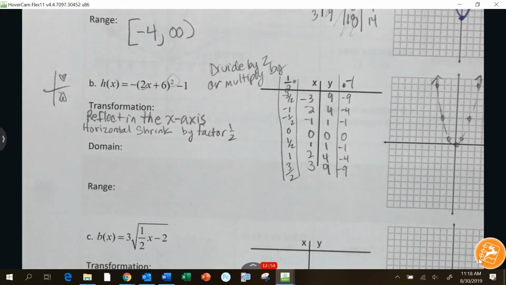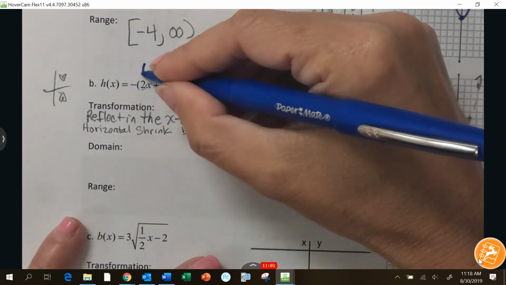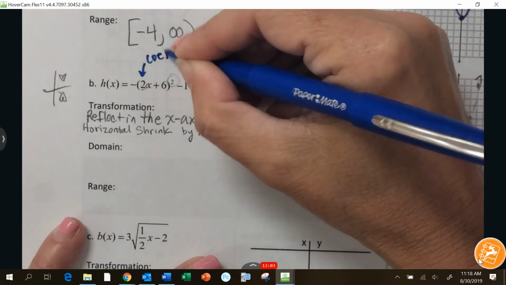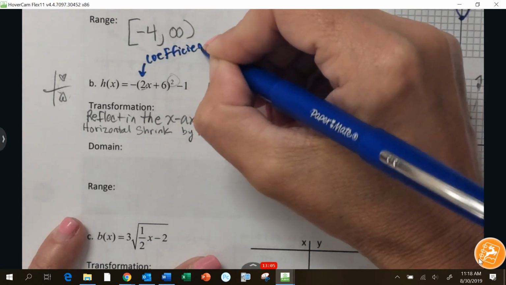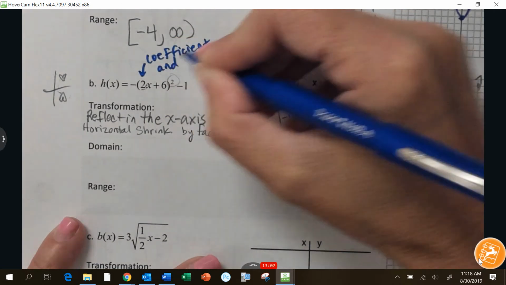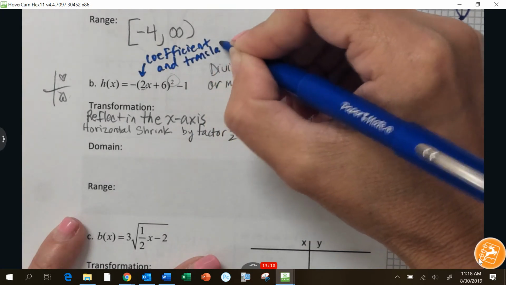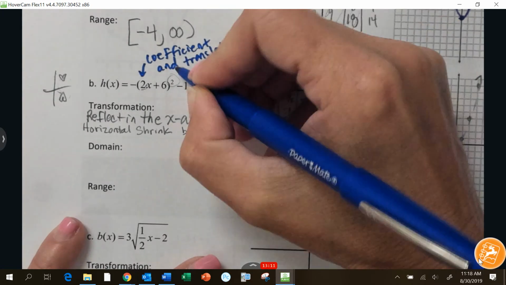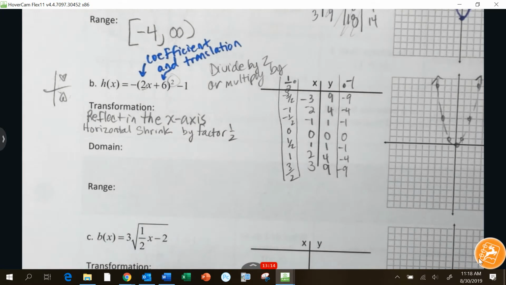Oh, there was this rule we talked about really quickly yesterday that says if we have a coefficient and a translation inside the parentheses, this is only for horizontal. You only have to do it for horizontal because horizontal, everything's opposite.